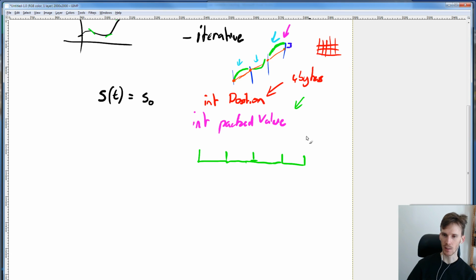The packed value here packs a few things. It has 3 bytes of actual velocity, which itself is divided into a whole part and a decimal part.